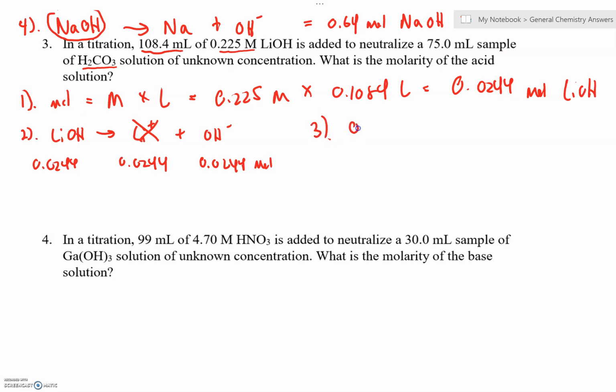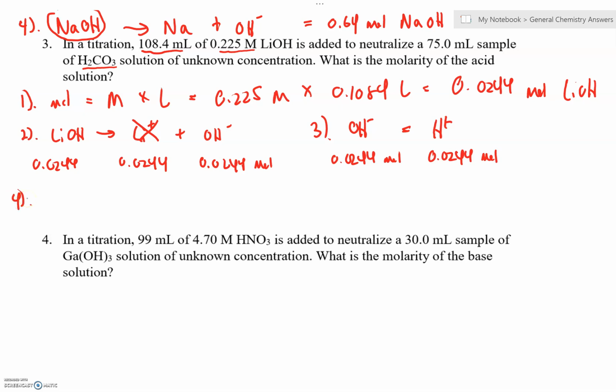Here is step 3, the easiest part, because if you know the OH minus, you know how much H plus you need. So 0.0244 moles of OH minus, you're going to need 0.0244 moles of H plus.